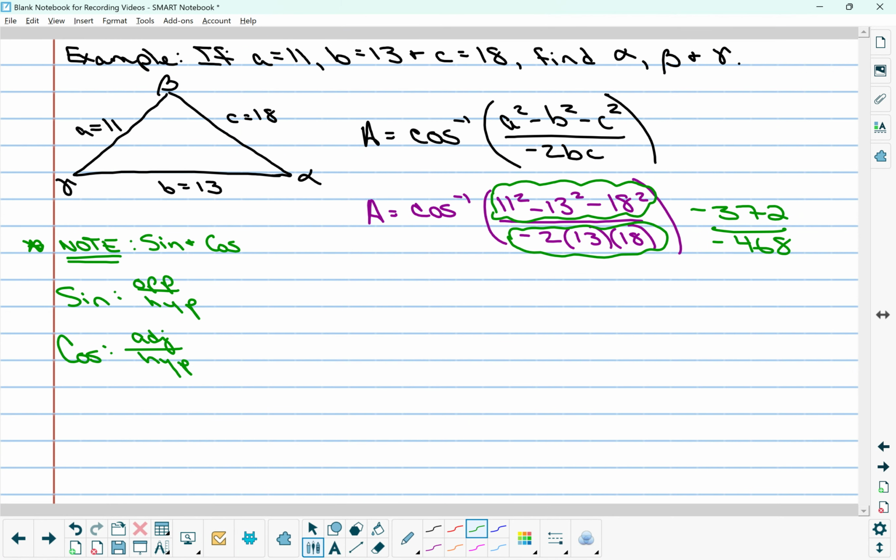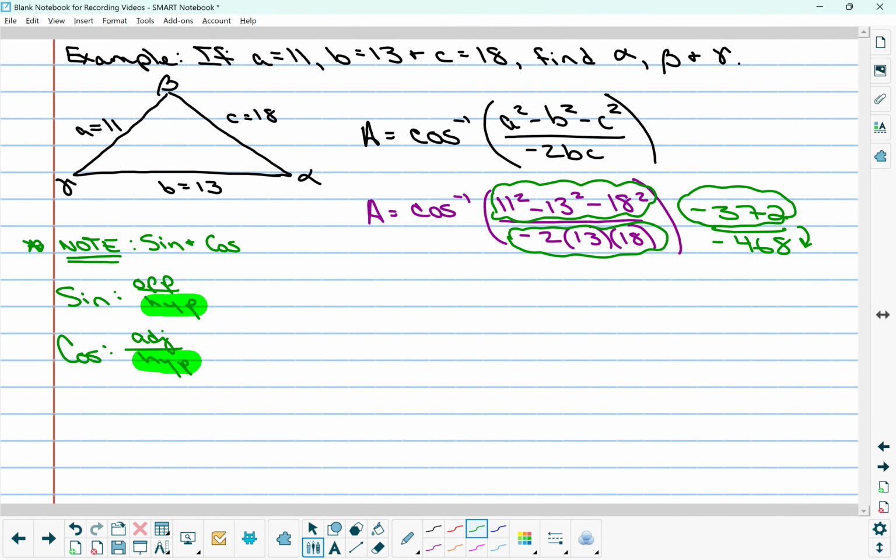Well, what's the longest side of a triangle? You know, it's the hypotenuse, right? So this has to be longer than the opposite or the adjacent, right? It has to be bigger. It has to be longer. So if you do one of these problems and you end up with a number up here that's bigger than the number down here, you have a problem, okay?